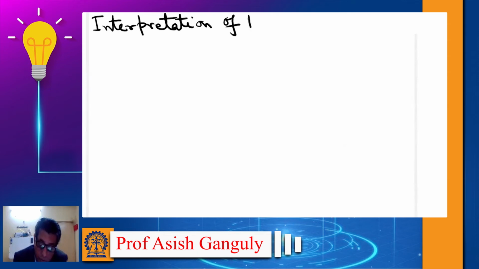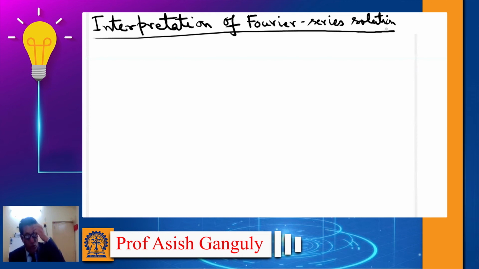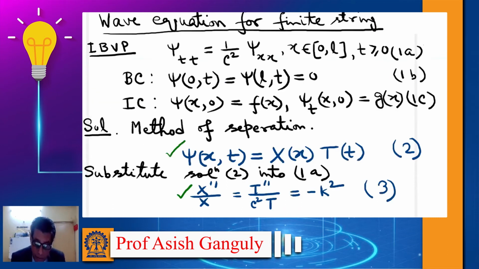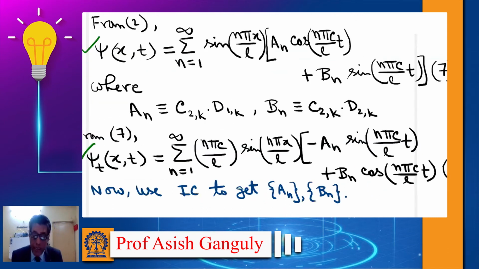How to do that? To give an interpretation, we don't need the exact expressions of A and B. So what we will do here, I am showing you in this page, is equation 7.